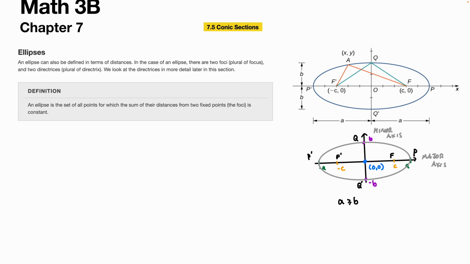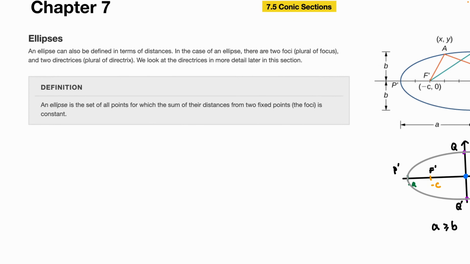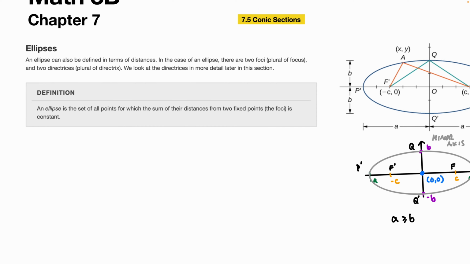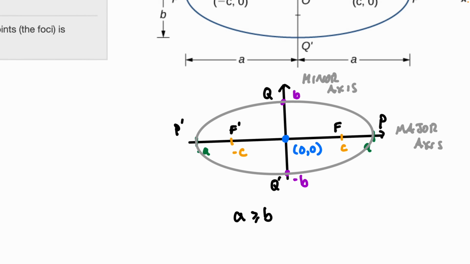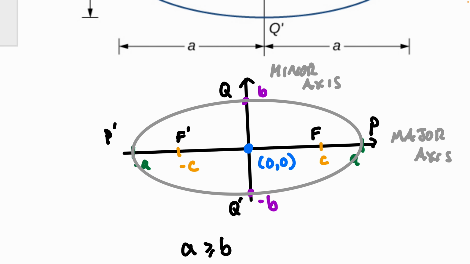Let me rephrase that. Let's just go ahead and read. An ellipse is the set of all points for which the sum of their distances from two fixed points, called the foci, is constant.